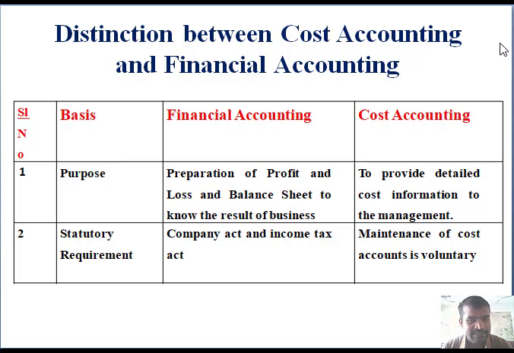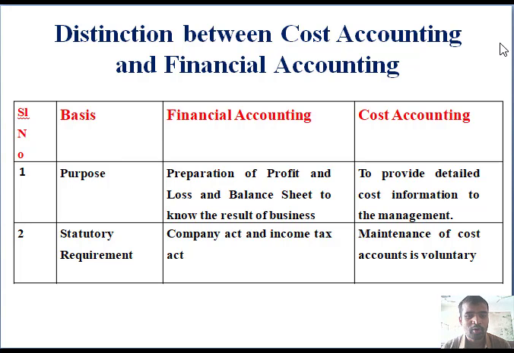The first basis is the purpose. In case of financial accounting, it is the preparation of the profit and loss account and the balance sheet to know the results of the business. But in case of cost accounting, it is to provide detailed cost information to the management. This is the first basis, that is purpose.